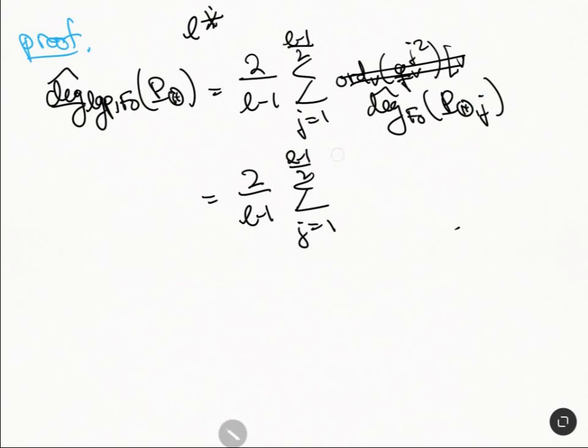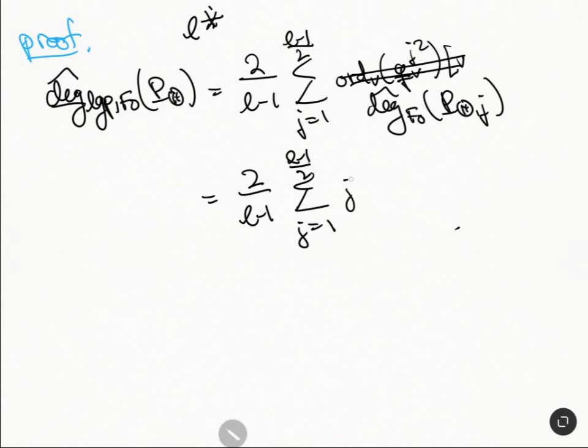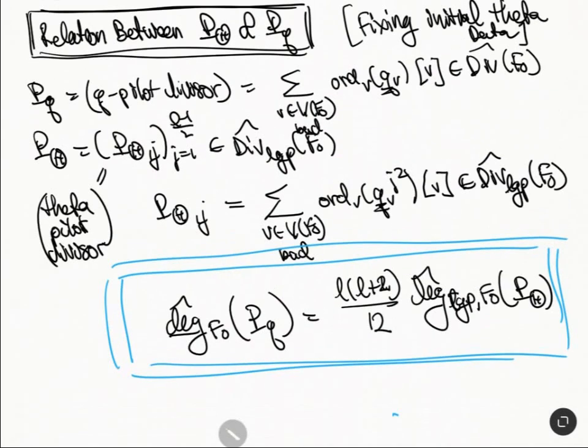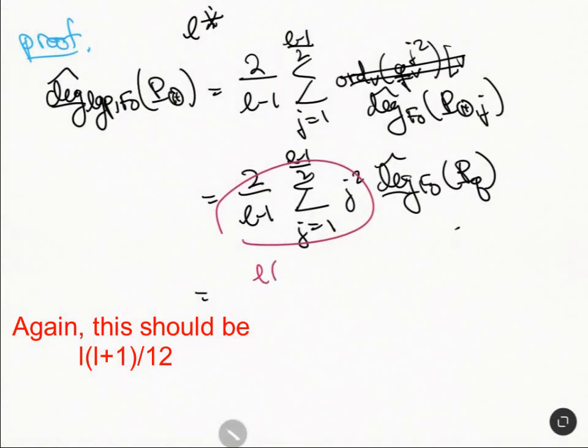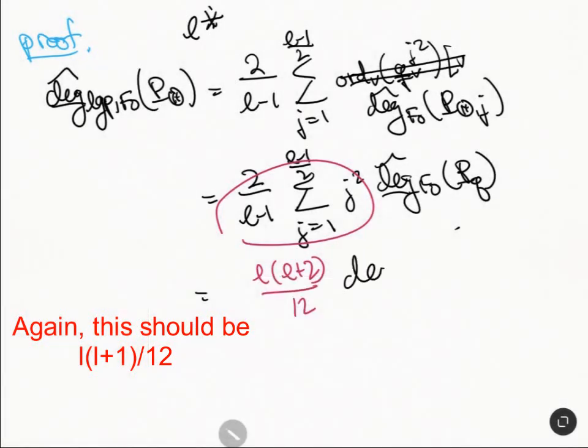And now this thing was this Gaussian business here. So this is just j squared, like the degree of the q-pilot. And then this just becomes the sum of those two things. If you compute out what this is, this is exactly what I stated, L times L plus 2 over 12, and then just multiplied times the other thing. That's all there is to it.